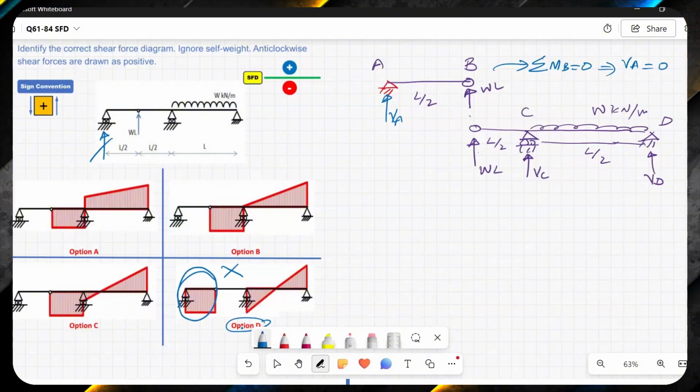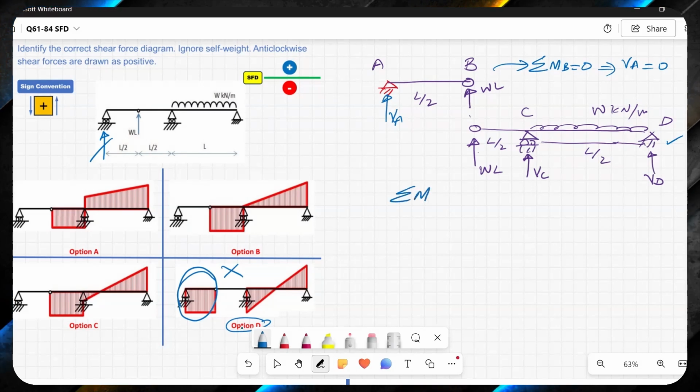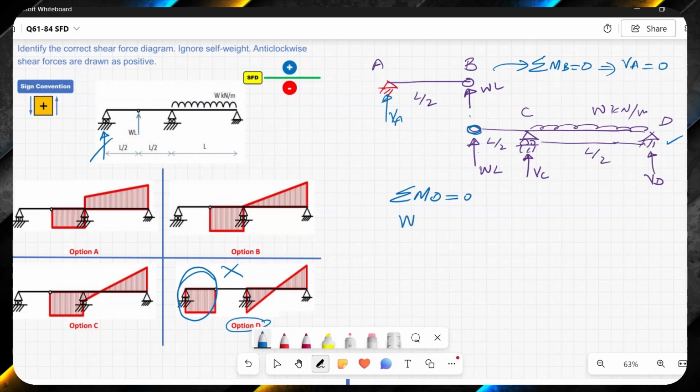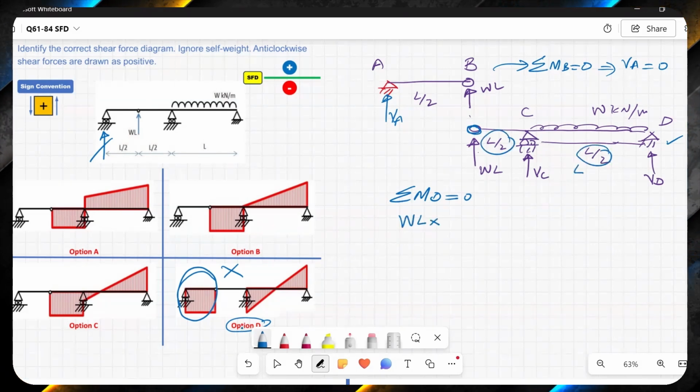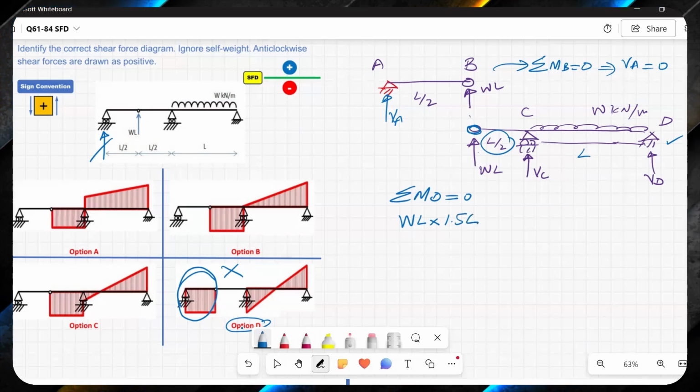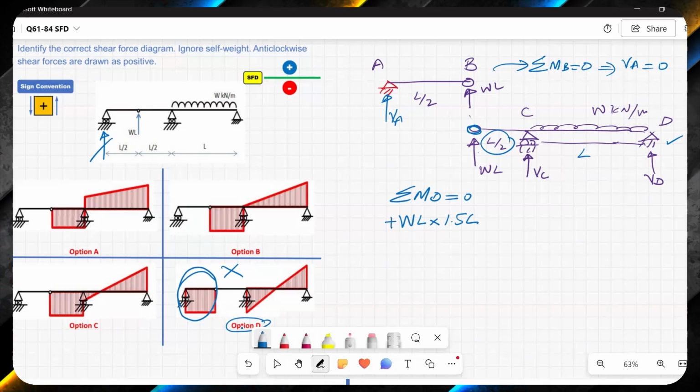The next thing, for the second part, if I say here summation of moment at D is equal to 0, then I have this load applied at the pin. Load applied at the pin is WL, times, this is not half, this is 1.5 L, and this is creating a clockwise moment with respect to D, so that's why it is positive.